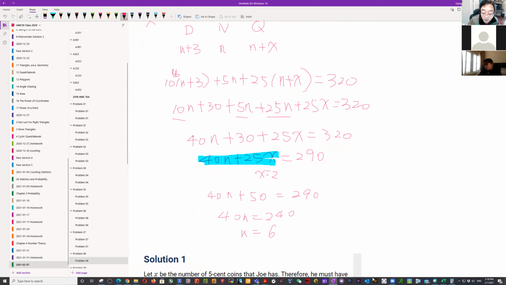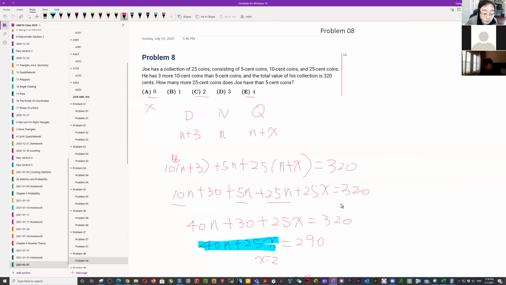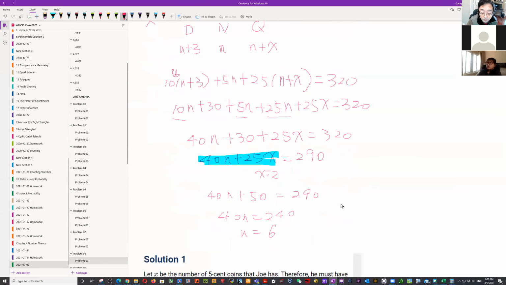And the restriction we are having is that the 25 has to be multiplied by an even number to get to 0.